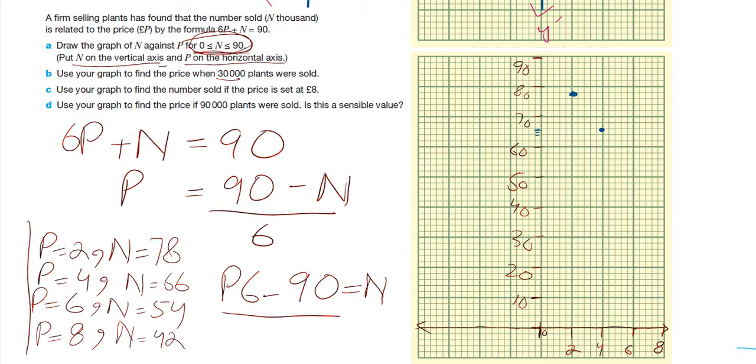And when our p is 6, our n will be 54, and that would be 51, 52, 53, 54. All right, over here. And when our p is 8, our n would be 42.